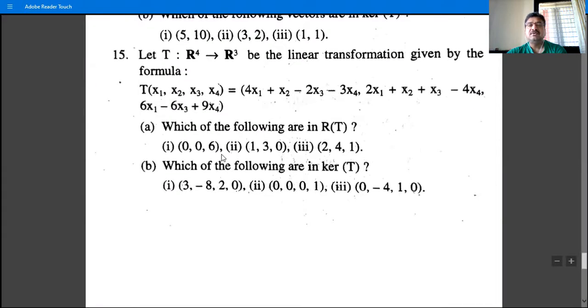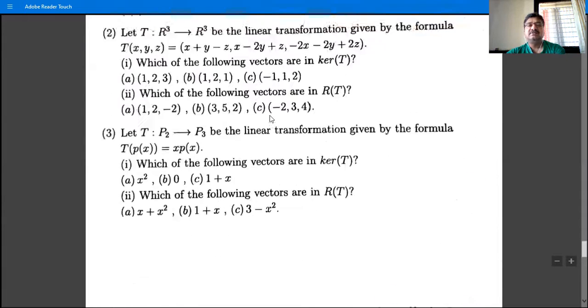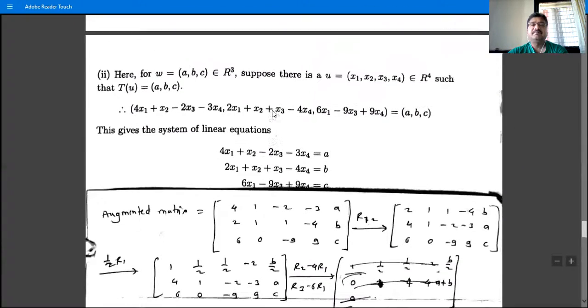So take (a, b, c) as an element of R^3, and suppose (x1, x2, x3, x4) is its pre-image, and then write T of (x1, x2, x3, x4) as this, compare LHS and RHS, that is, form the system like this.